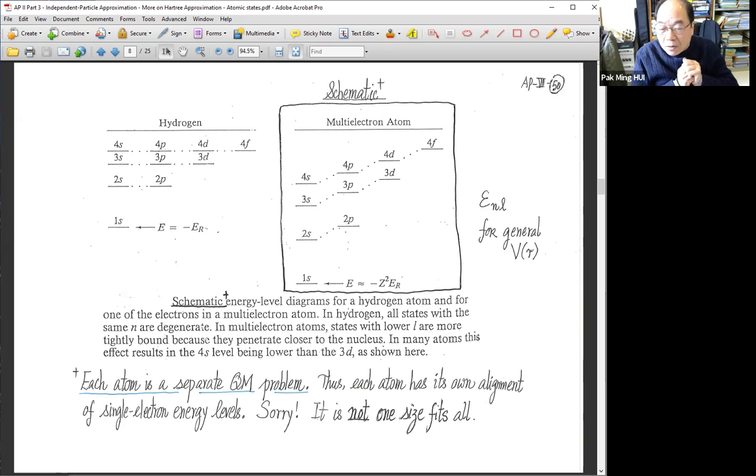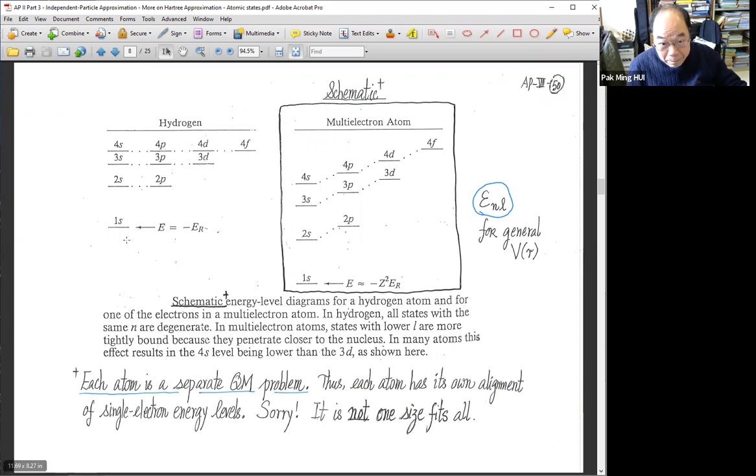The first thing we note is that in principle, as just explained, in atoms other than hydrogen, the energy will depend on the single electron states. Energy will depend on two indices, n and l.